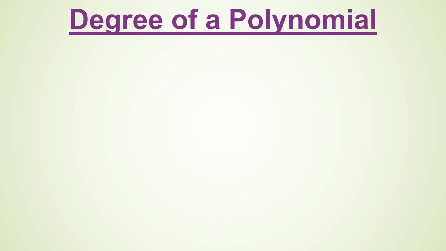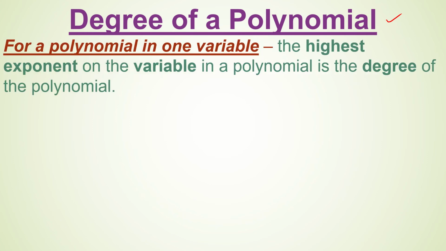Let us see the degree of a polynomial. We are going to define the degree of a polynomial for a polynomial in one variable. The polynomials which have only one variable are known as polynomials of one variable. The highest exponent on the variable in a polynomial is the degree of the polynomial.